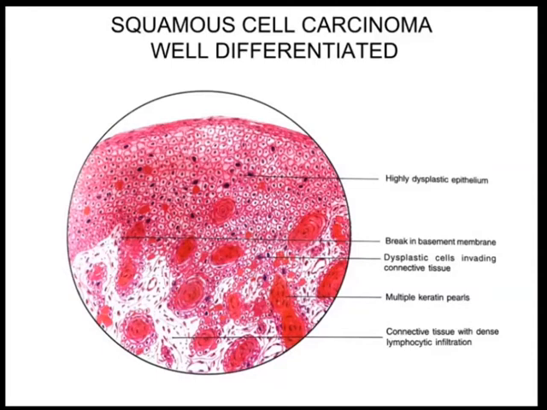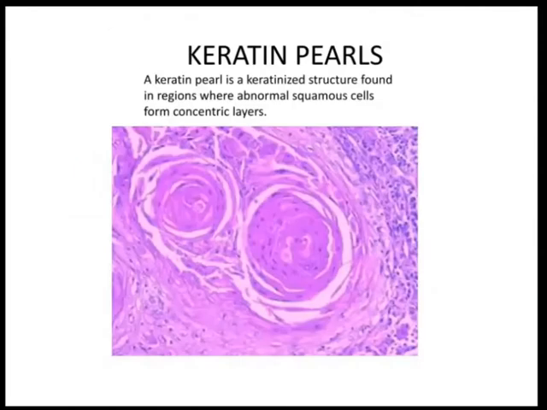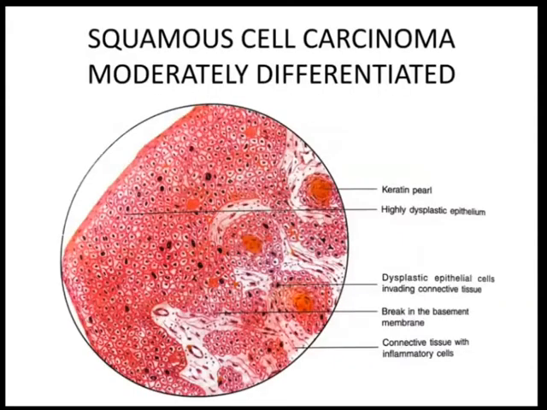Also here you can appreciate a dense lymphocytic infiltration in the connective tissue. So we have to know what keratin pearls are, which are more seen in the well differentiated type. They are keratinized structures found in regions where abnormal squamous cells form concentric layers.